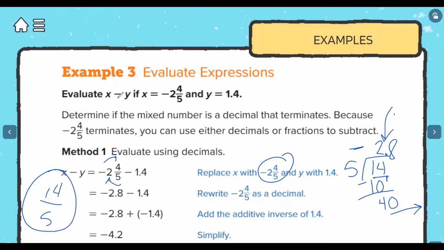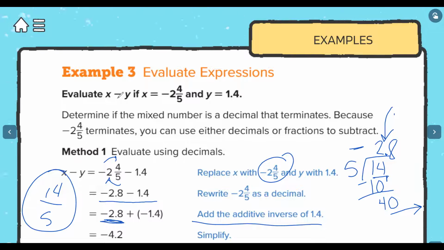So we continue. I have negative 2.8 minus 1.4. Remember, I do the same thing. If I have negative 2.8, I will add the inverse of 1.4, plus negative 1.4.